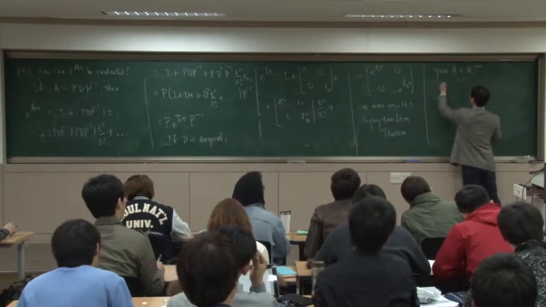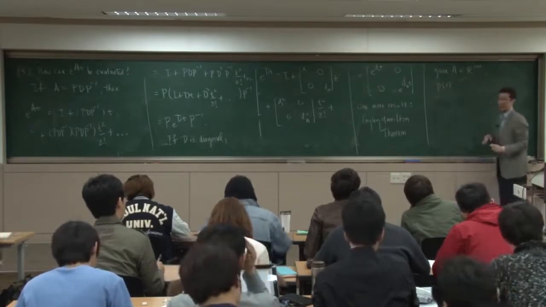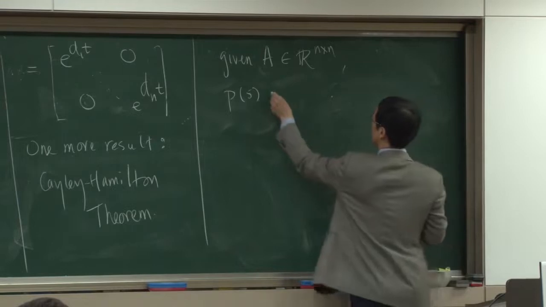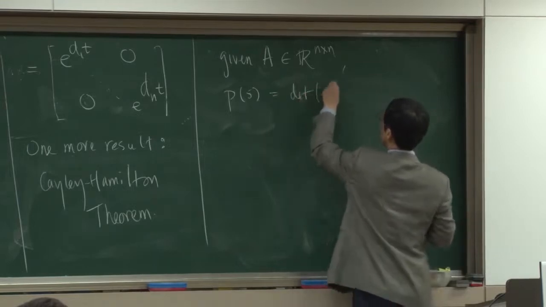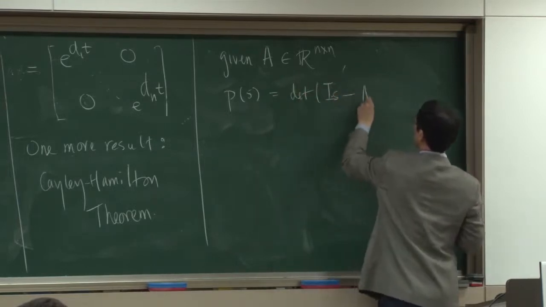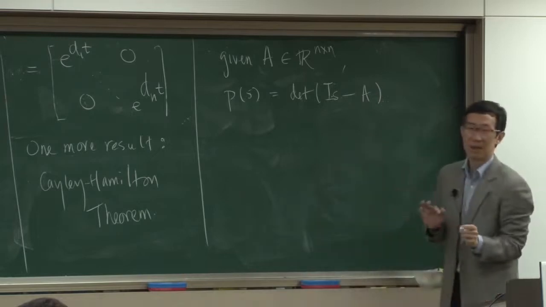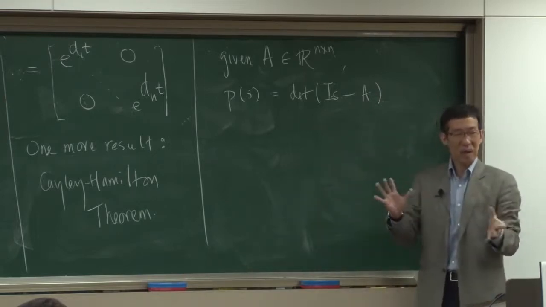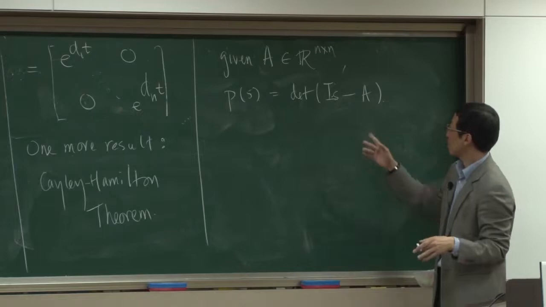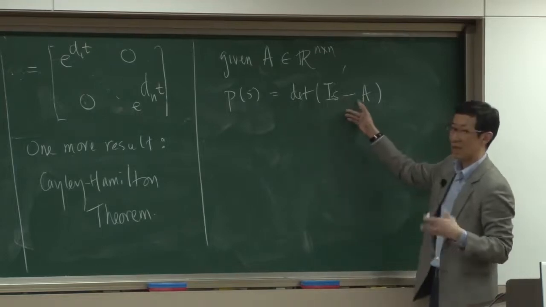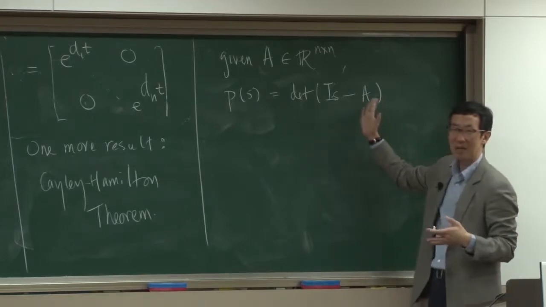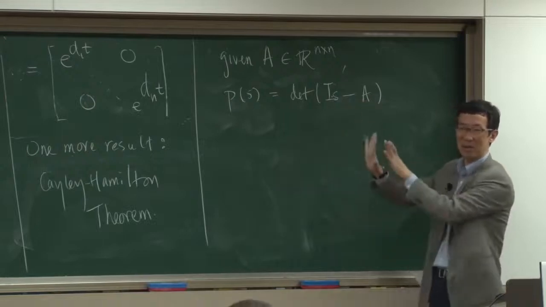If I ask you to find the eigenvalues and eigenvectors of A, the first thing you would do is find its characteristic polynomial, P of s, defined to be the determinant of sI minus A. You might have used lambda, or lambda I minus A, or A minus lambda I. It doesn't matter, you can switch things around.